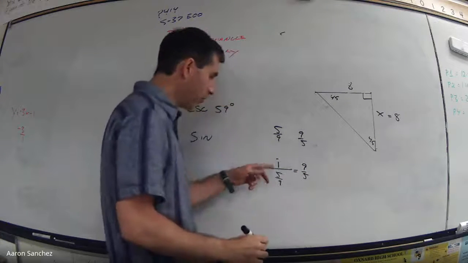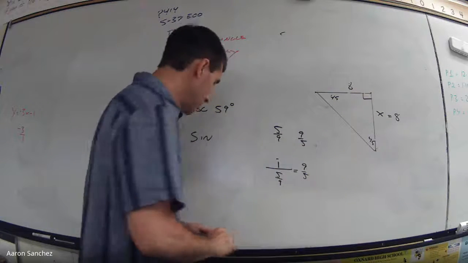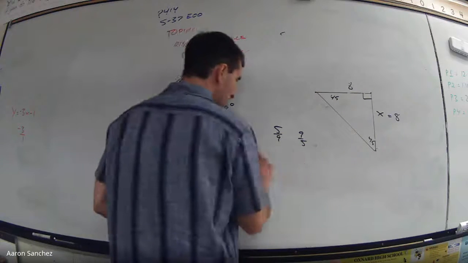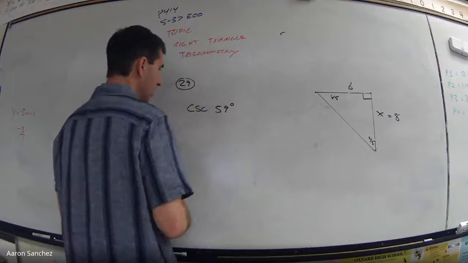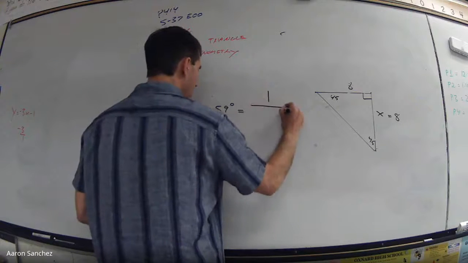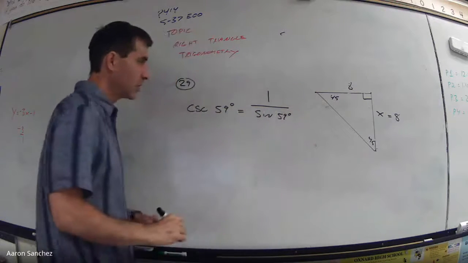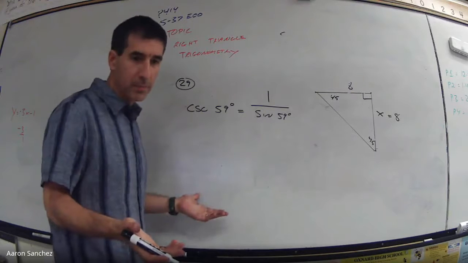If you put a 1 over it, it flips it. So to make this the reciprocal, since it goes with sine, this is equal to 1 over sine 59 degrees. So that's how you solve it.